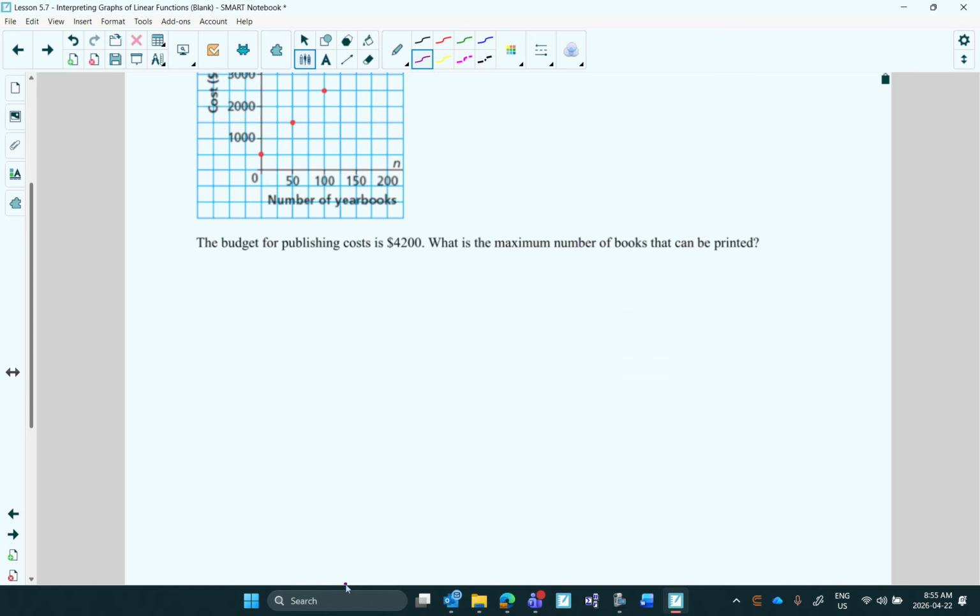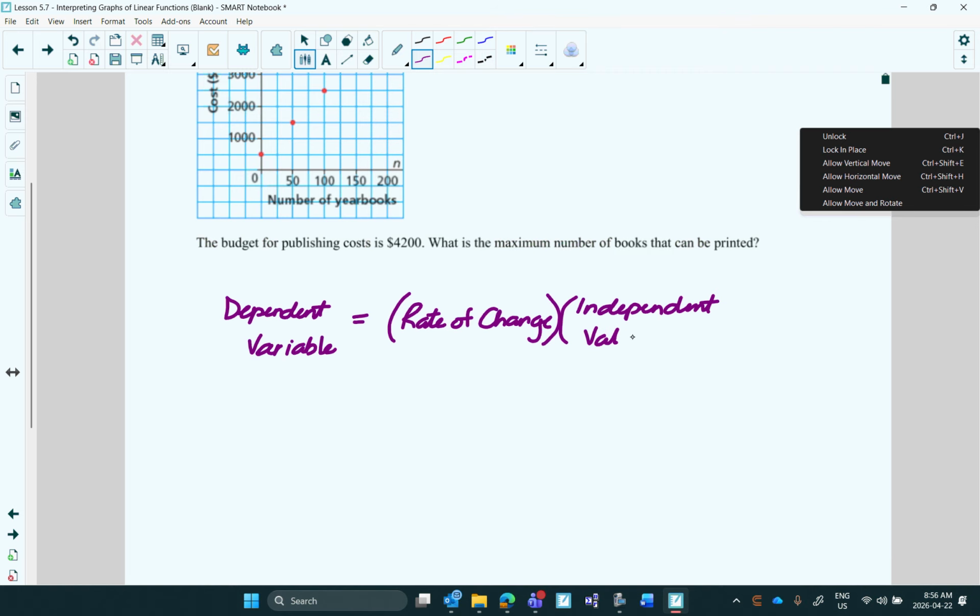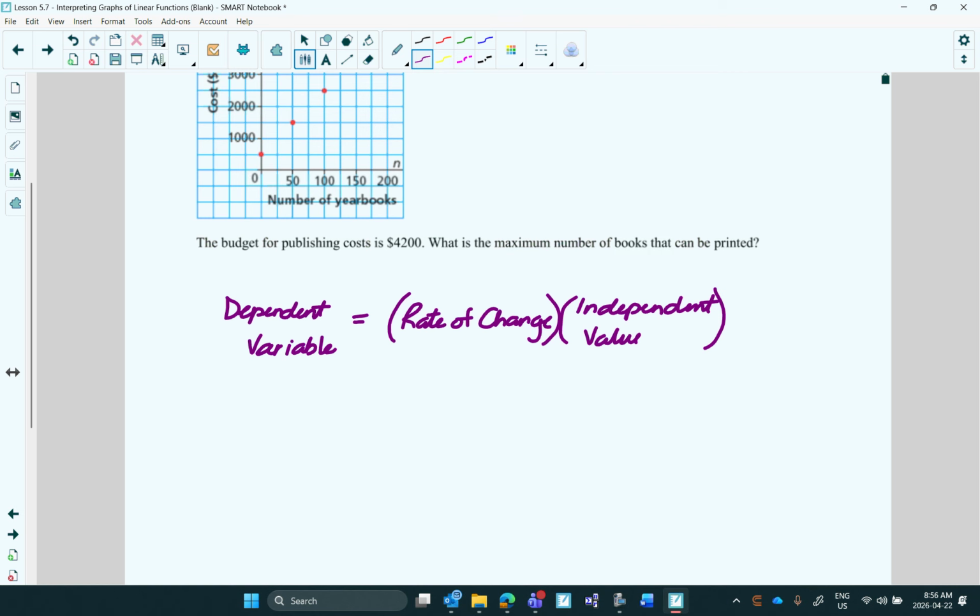Remember in the last lesson, to make an equation out of this, you take the dependent variable equals whatever the rate of change is times the independent variable plus the initial amount.